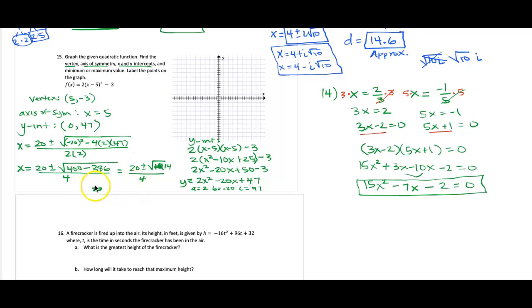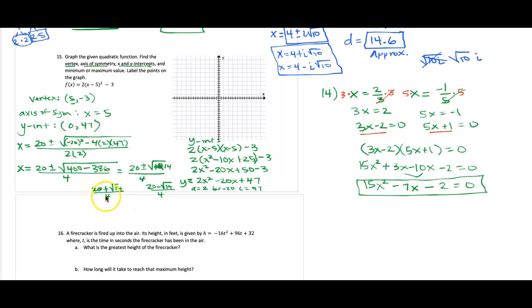Okay, so 14. And really, from here I would just put it into your calculator: 20 plus the square root of 14 divided by 4, and then 20 minus the square root of 14, all divided by 4. Because you can't really graph those, you don't know where those are at.